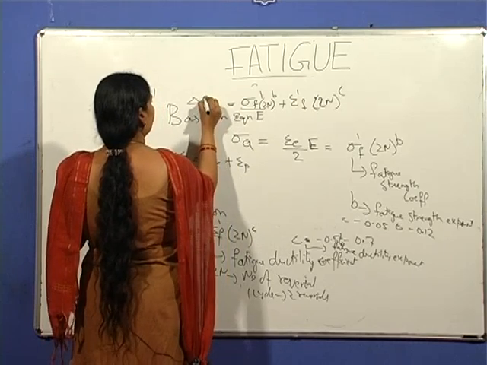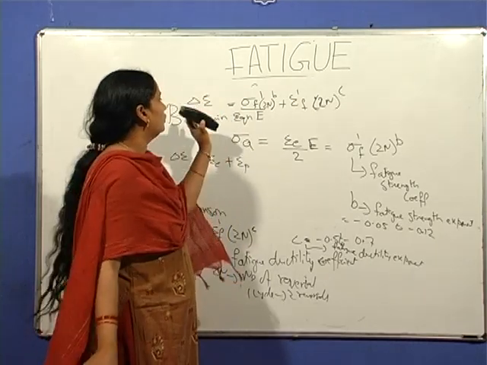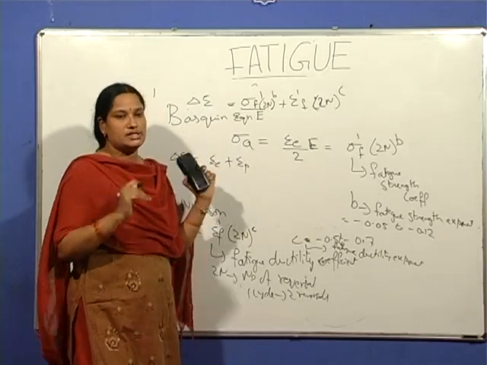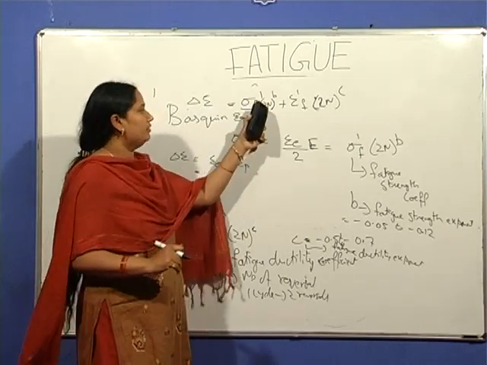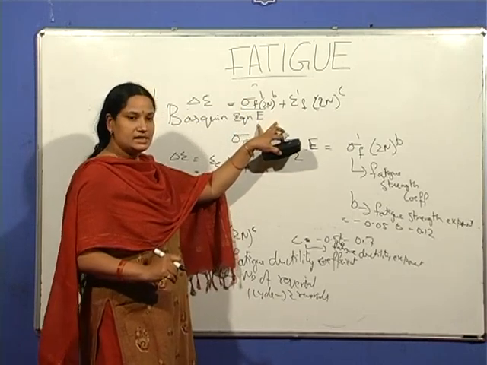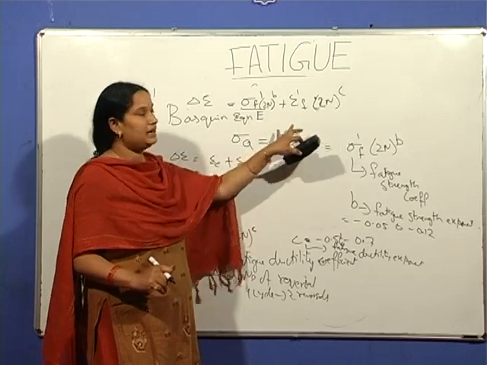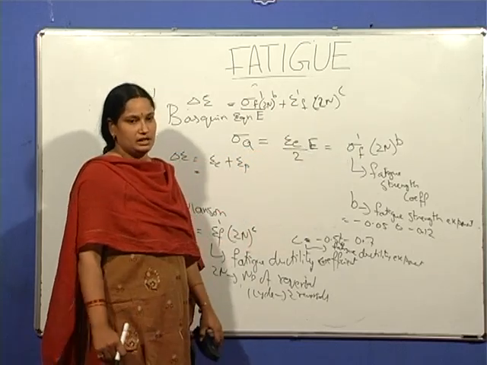So this is for the case of total strain range. We have a combination of both, the sum of the high cycle fatigue and the low cycle fatigue equations, combining the Basquin and Coffin-Manson equations.